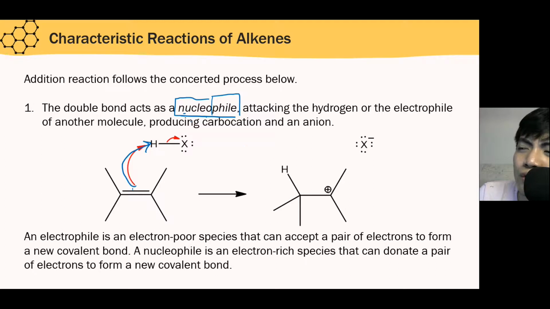The H will connect there. However, when we show this arrow, it means a bond will be formed. And since hydrogen can only form one bond, we need to give this up. We give the electrons to its neighbor. So that is the meaning of this.